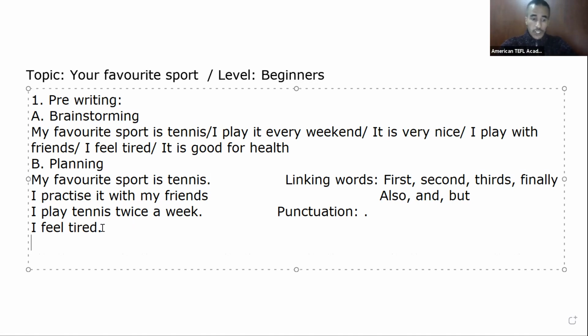Now, number two is while writing. Now you can inform your students, now I want you to work in pairs or in groups. I want you to write a paragraph about your favorite sport. Don't forget, use the linking words. Don't forget the punctuation, full stop, capitalization, etc. And here they can start with what?